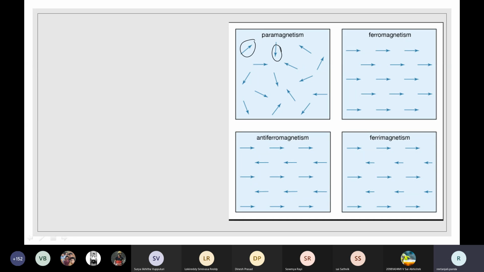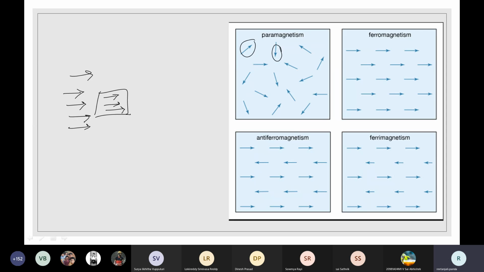Similarly, in ferromagnetic material, the magnetic dipole moment created due to the external magnetic field will be parallel and in the same direction as the applied magnetic field. Let us consider this is a material, and when I give an external magnetic field, then in ferromagnetic material the moments will be parallel to the magnetic field induction and also in the same direction.